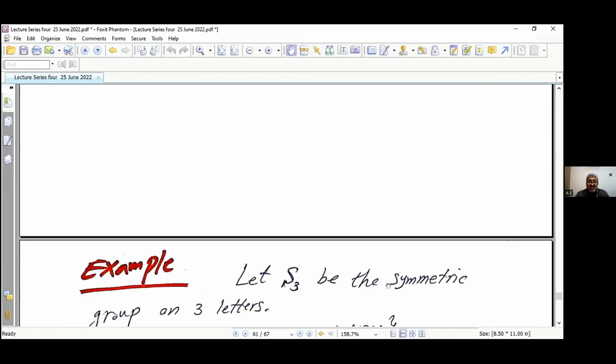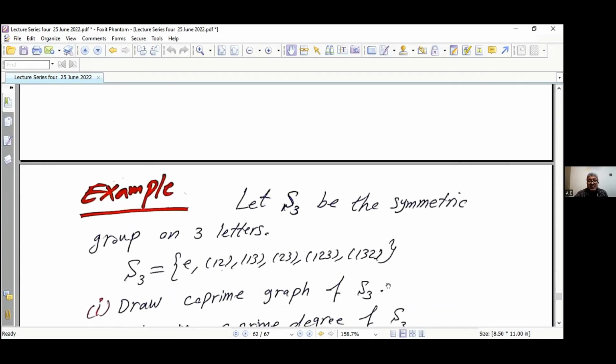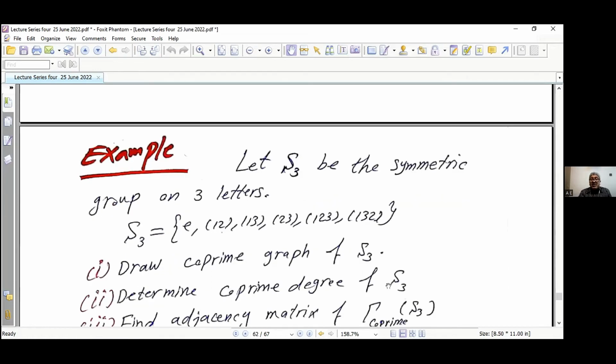Let me give another example. This is an easy example for the symmetric group of order 6. I'm going to determine the coprime graph.